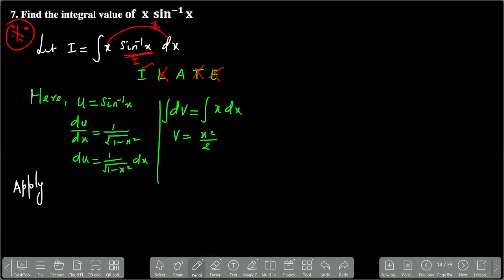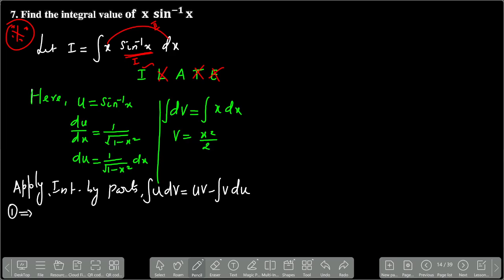Apply integral by parts. What is that? Integral u dv is uv minus integral v du. Now I becomes, what is the u value?